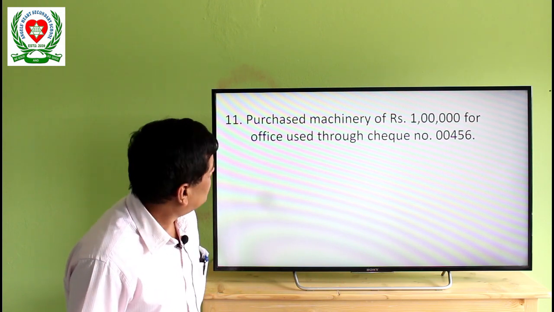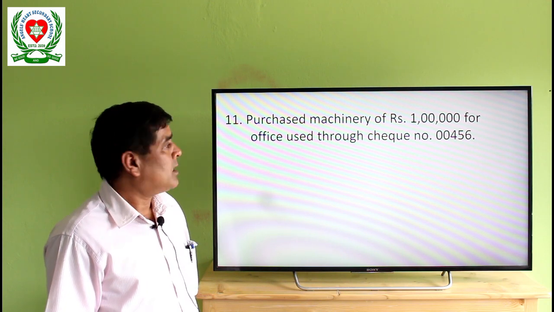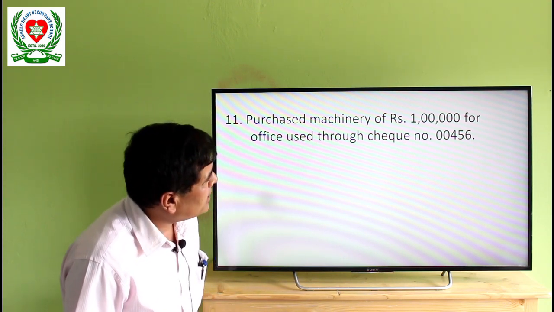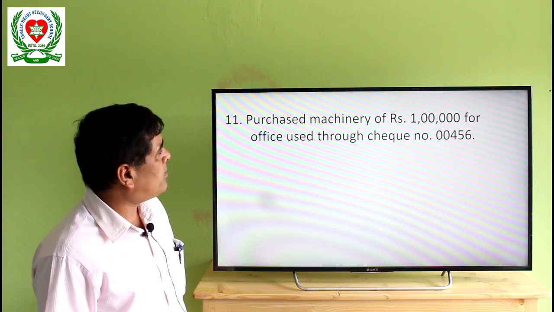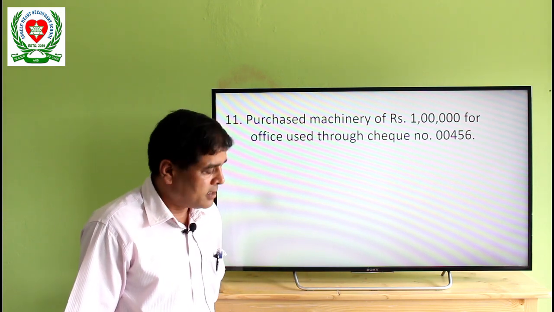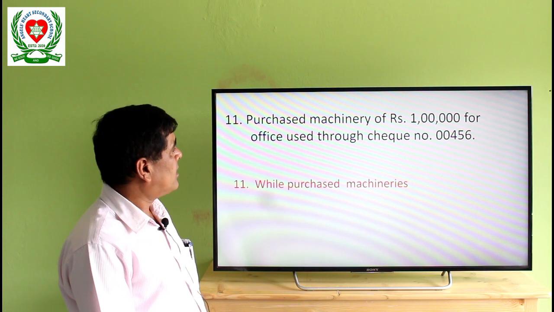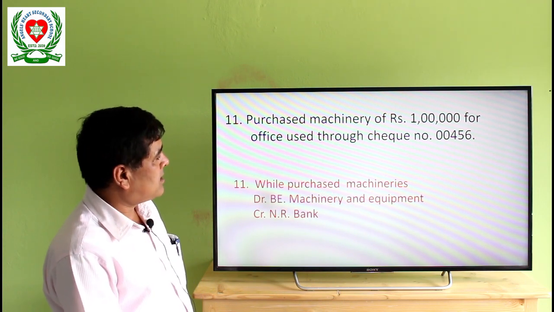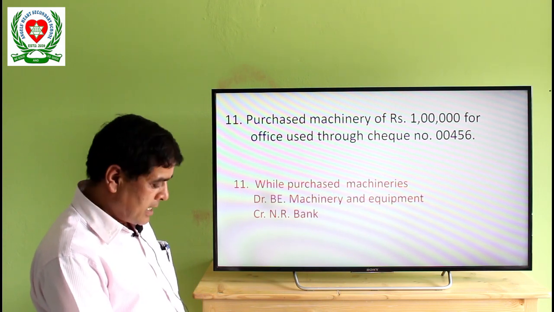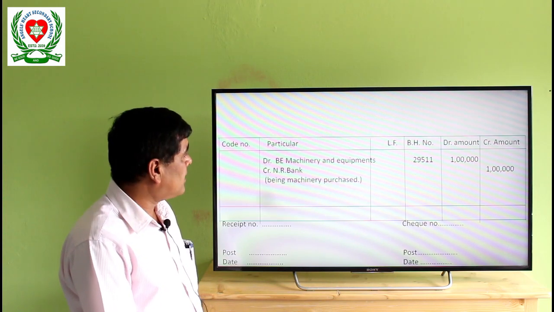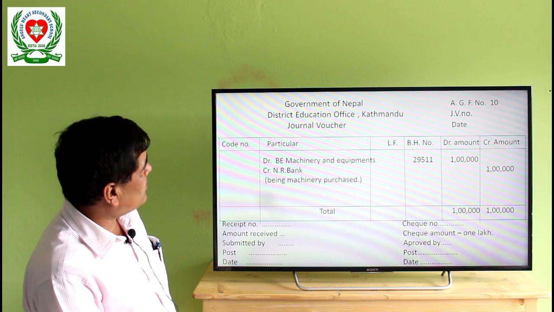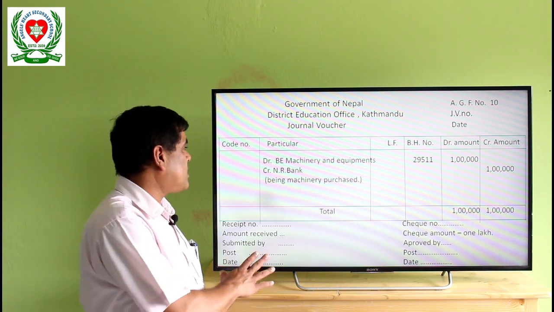While purchasing machineries, here is the given question: purchase machinery of rupees 1 lakh for office use through check number 0045. While purchasing machineries, we know the formula: debit B machineries and equipments, credit NR Bank, and the same formula we have to apply while making the journal voucher.